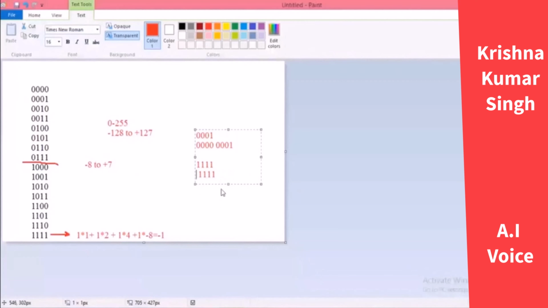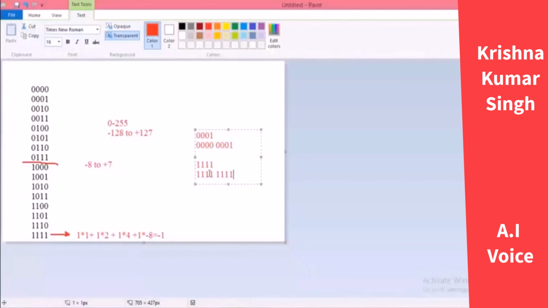Instead of adding 0, you should add the sign bit: for negative numbers 1, for positive numbers 0. So in order to create an 8-bit -1, I should add 1s here, and then this number in this part. So this is the sign extension.